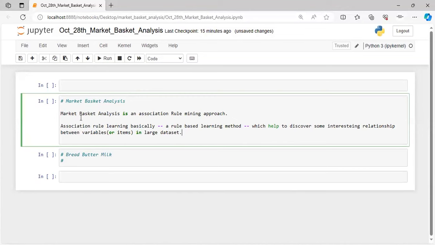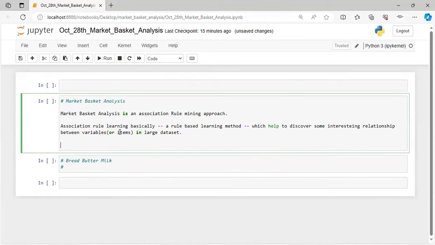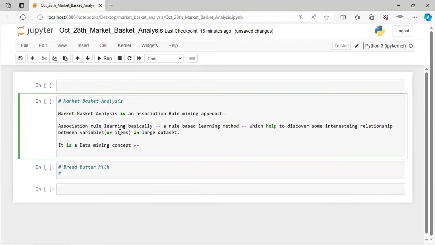So basically, market basket analysis is a data mining concept. Is it a supervised machine learning concept or an unsupervised machine learning concept? Unsupervised. It is an unsupervised machine learning concept.